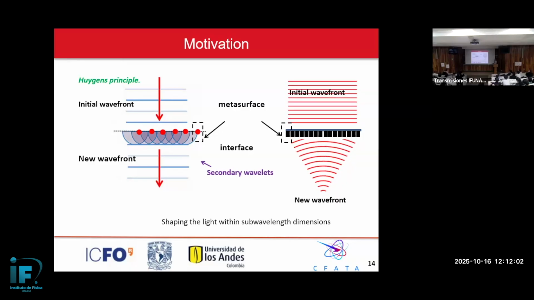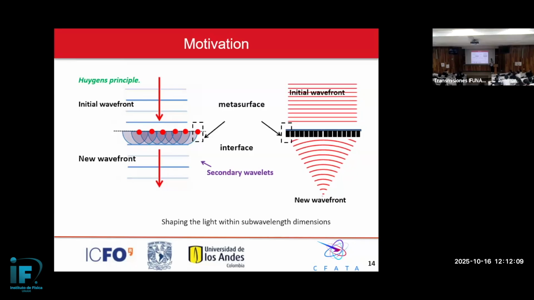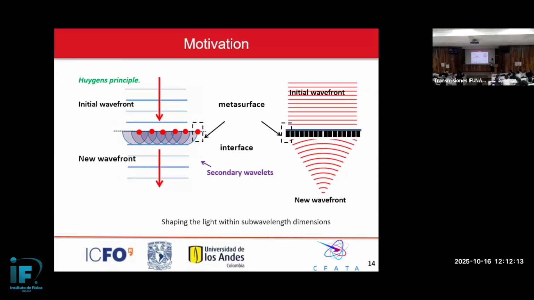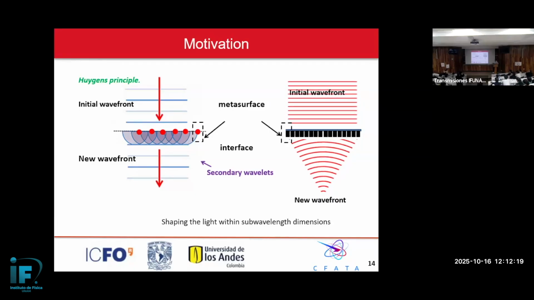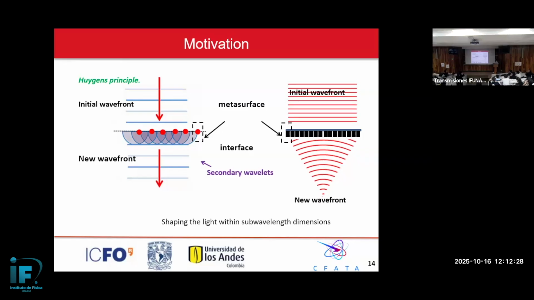However, if you engineer small features below the wavelength, sub-wavelength features, and space them, then instead of the usual Huygens sources you will start having Huygens sources at this structure.